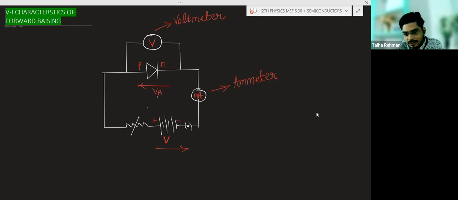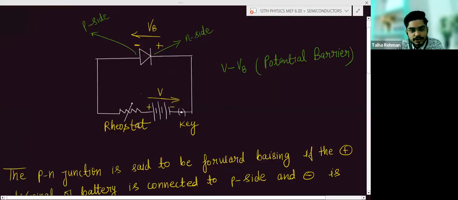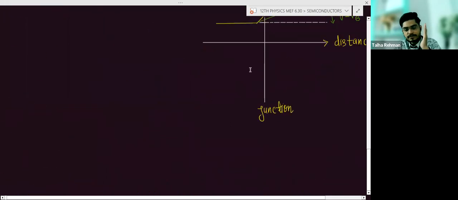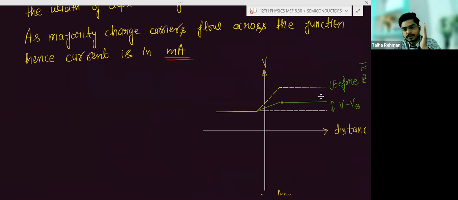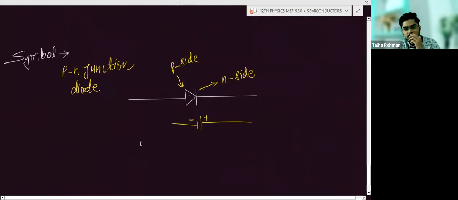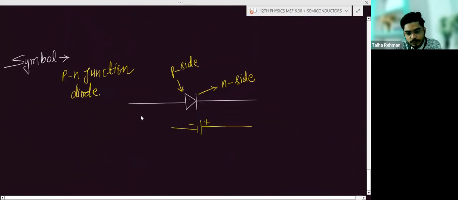In the last class, in case of the forward biasing, you can see here from N to P, we take the direction of the potential due to the diode in this direction, from N to P. Always remember in case of the PN junction diode, you will draw the battery like this, corresponding to this PN junction diode.